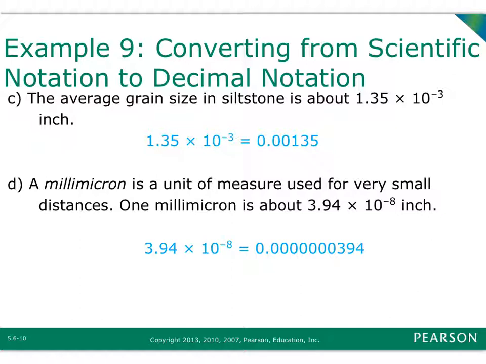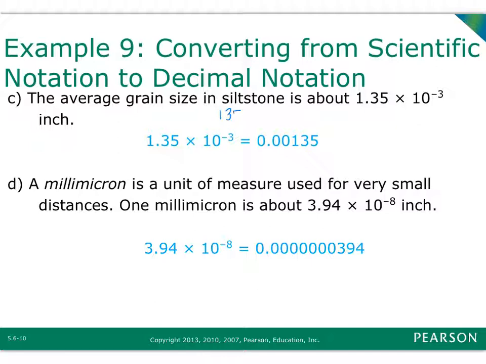Again, we're going to convert from scientific notation to decimal notation. The average grain size in siltstone is about 1.35 times 10 to the minus 3 inches. When we convert that, we notice it's a minus 3. So we're going to put in 1, 3, 5.